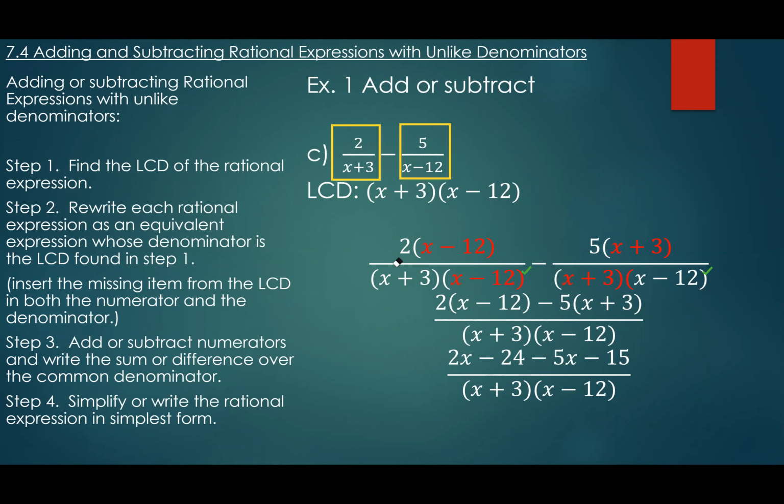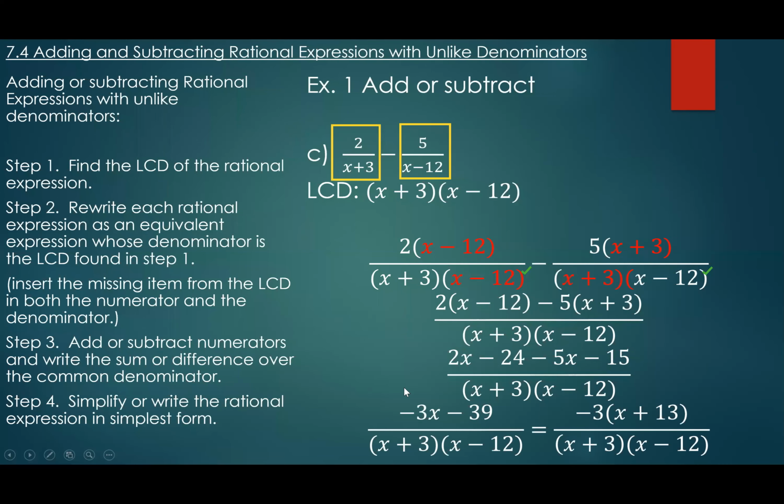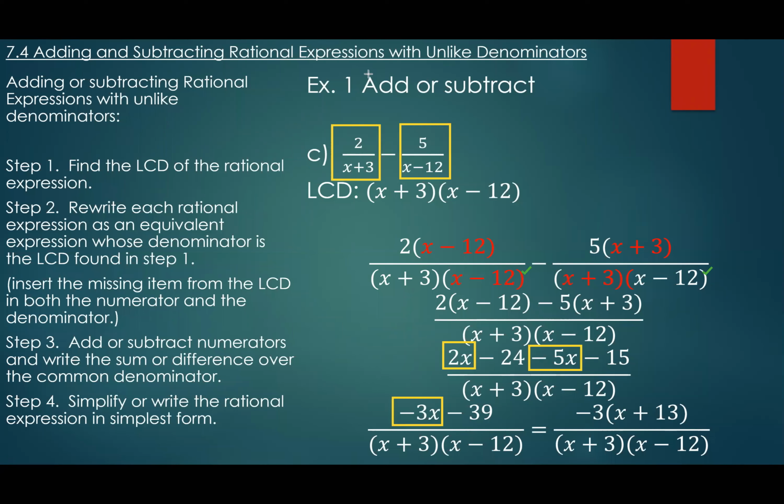And once I have that, all we need to do is combine like terms. Everybody see that, my like terms are 2x minus 5x. And 2 minus 5 will give me negative 3x, because it is a smaller number subtracted by a bigger number.